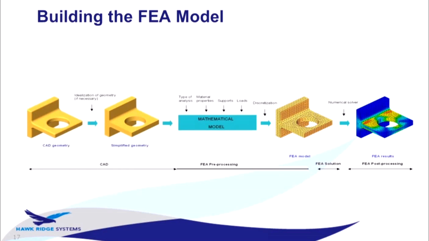Basically, anything that is represented in the model that doesn't affect the strength or the performance of the object is extra information that's going to take you longer to get your answer. And so often it's good practice and a wise use of your time to spend 20 minutes eliminating detail, like the name of your company stamped on the faceplate of the object, or nuts, bolts, and screws that we might choose to represent differently.